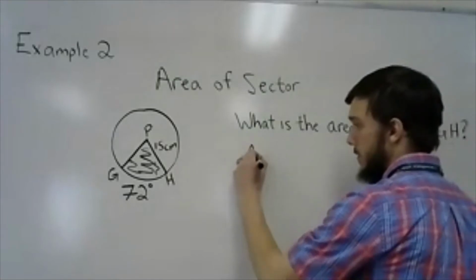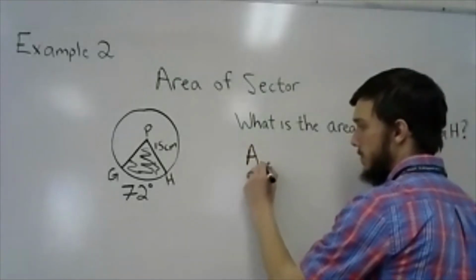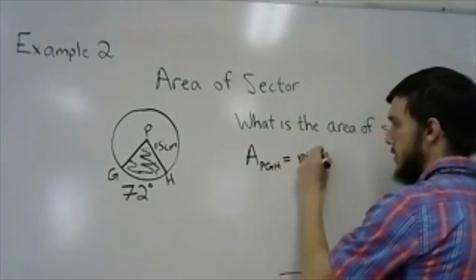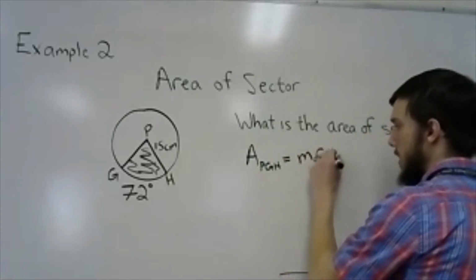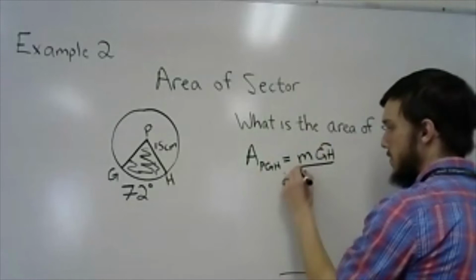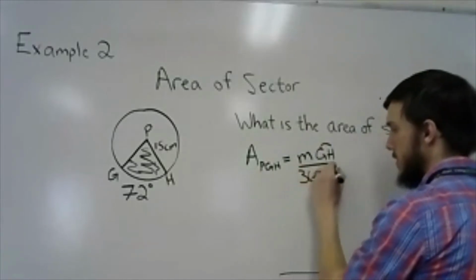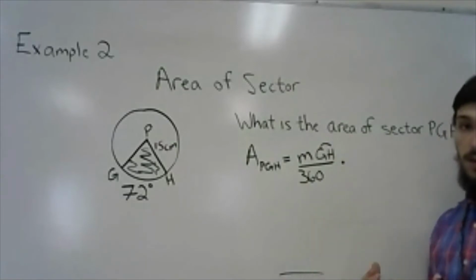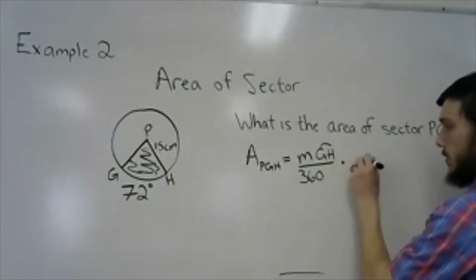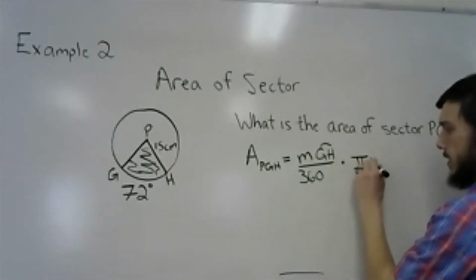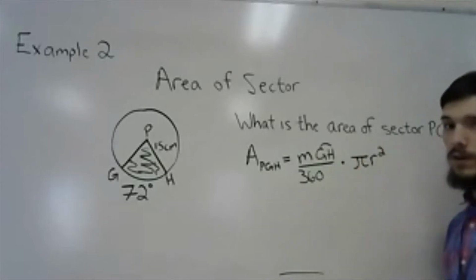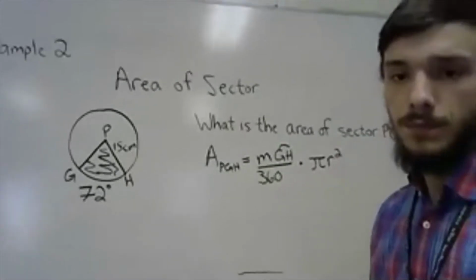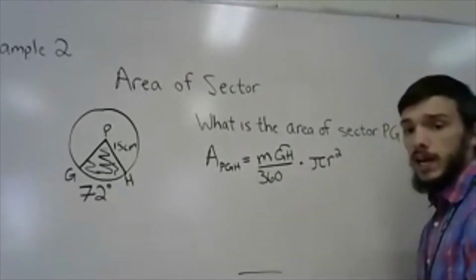So let's write it out. Area of PGH equals the measure of arc GH over 360 times the area of our circle, which is pi times radius squared. Okay, so let's plug in what we have.